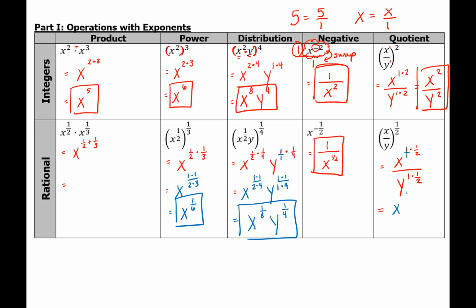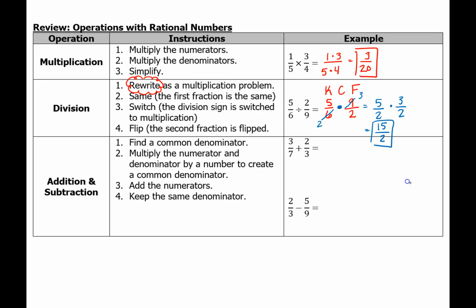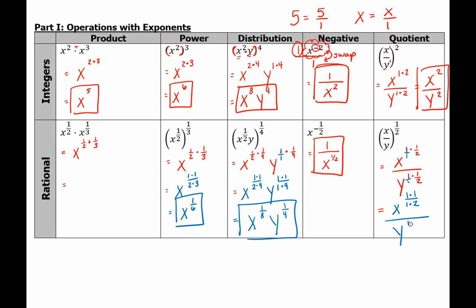So that means I'm going to have 1 times 1 and 1 times 2 in my numerator, and then down in my denominator, again, that's 1 over 1, 1 times 1, and 1 times 2. Okay, so then my final answer for now is going to be x to the 1/2 over y to the 1/2. We will do more next class, but for now we're just going to try to get to that step there.